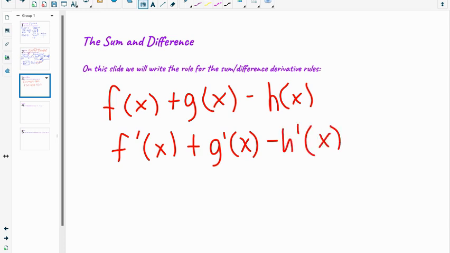That basically means no matter what function you get, you can take each individual term as its own function, find the derivative of each individual term individually, and then just bring it back together for one problem. So let's go over an example.